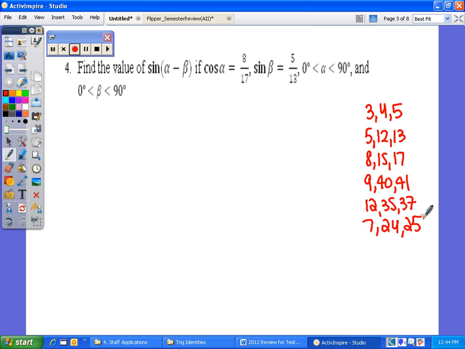So if the cosine of A is 8 over 17, you must know the sine, because the expansion for sine of A minus B is sine of A times the cosine of B minus the cosine of A times the sine of B. Right now, we have the cosine of A, so we have this value and this value, and we're missing these two.